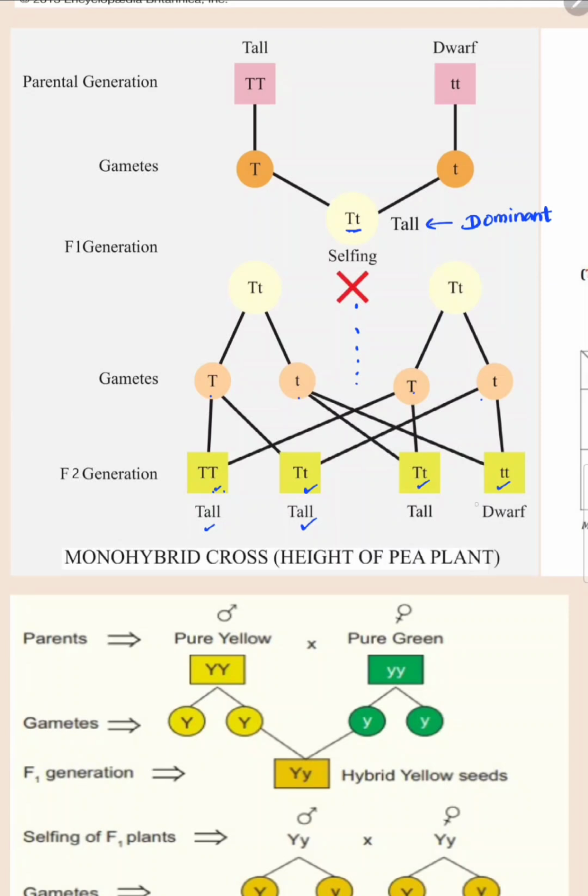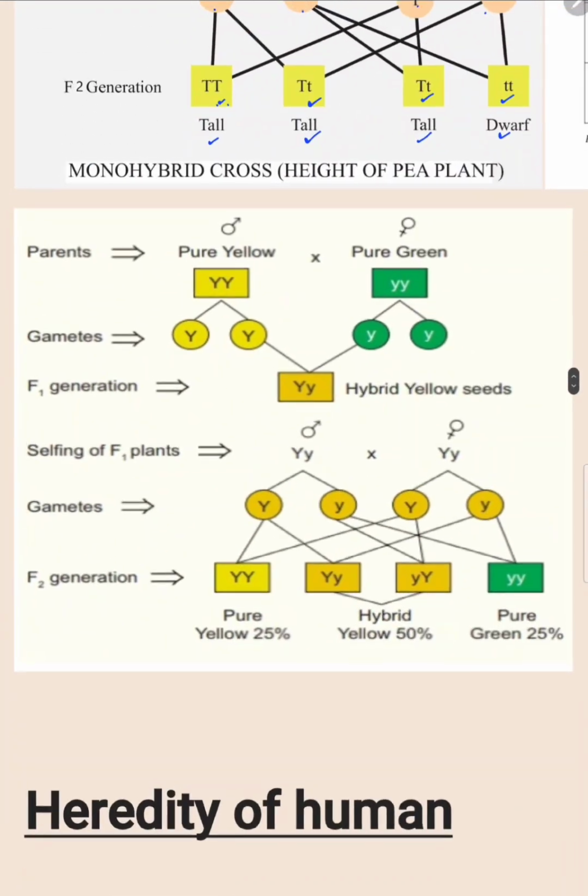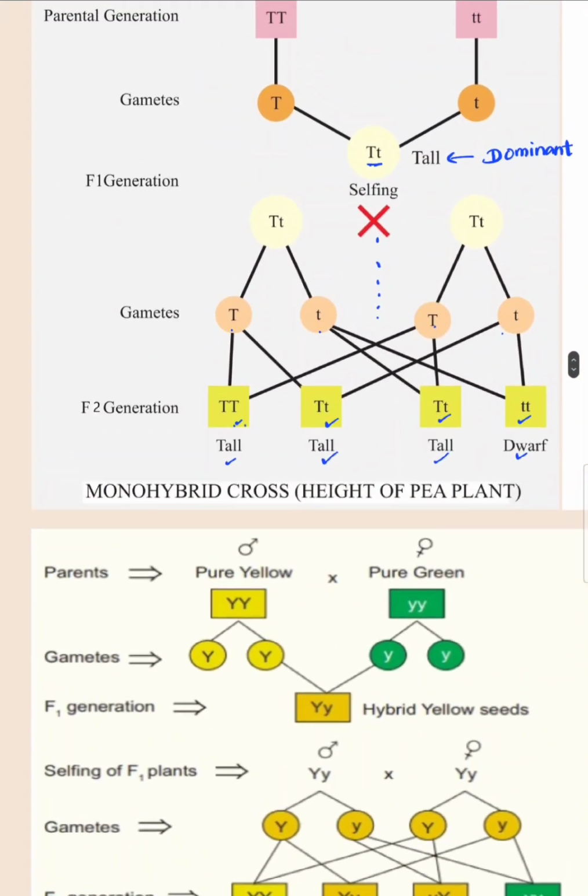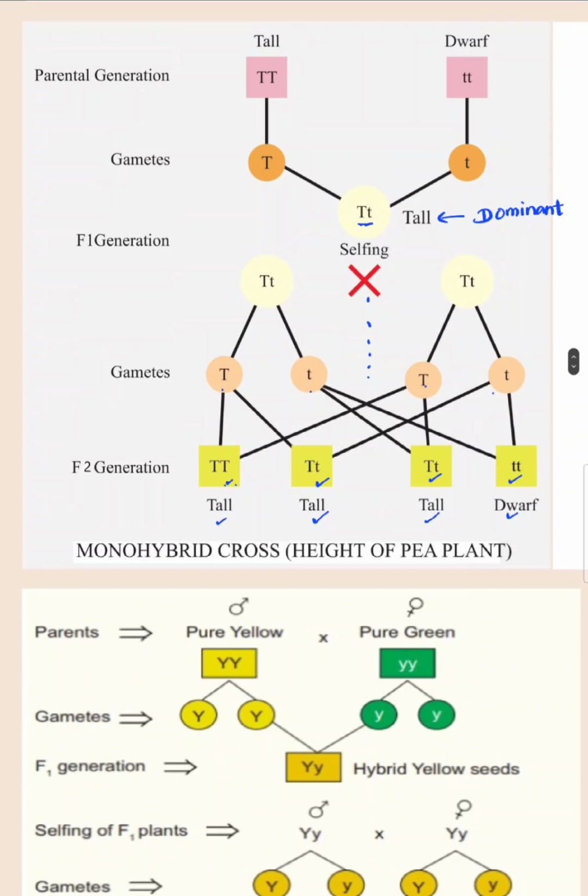Capital T, simple T also externally appears as tall, and simple T is dwarf. If you want to write the phenotype and genotype here, you can see there are 3 tall plants and 1 dwarf plant. Phenotype is the externally appearing feature.